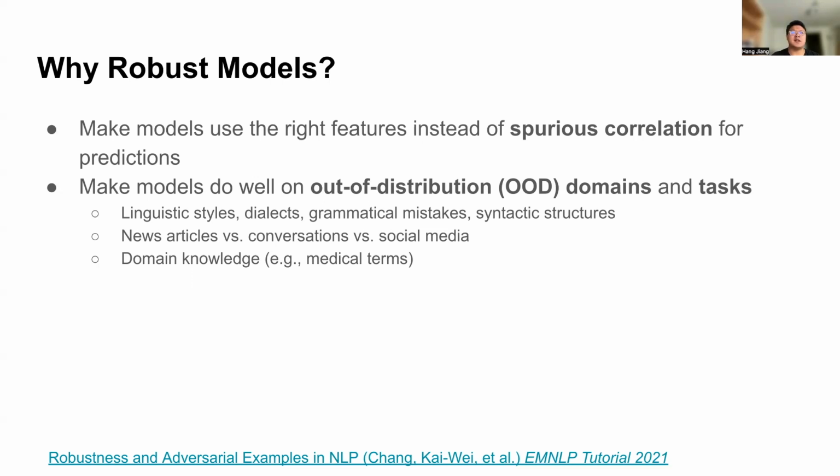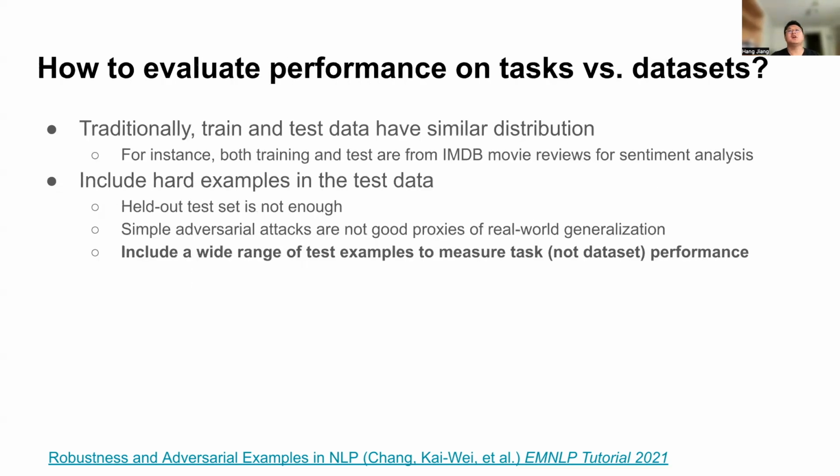Linguistic styles, grammatical mistakes, and syntactic structures are all important out of distribution domains. For example, if you train a model on news articles, however, you use it in conversations or social media, that's also an out of distribution domain. Another good example is when we train a model on a general corpus, but apply it in the medical domain, that also increases the difficulty of the task and makes models unreliable.